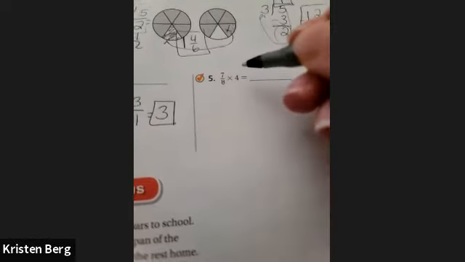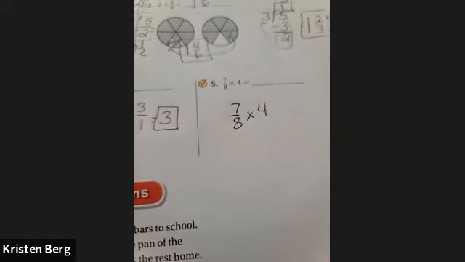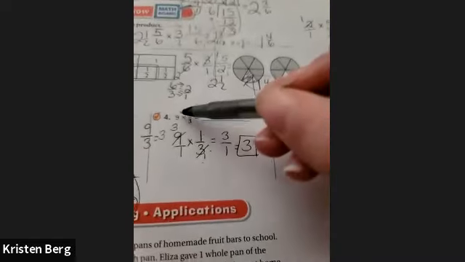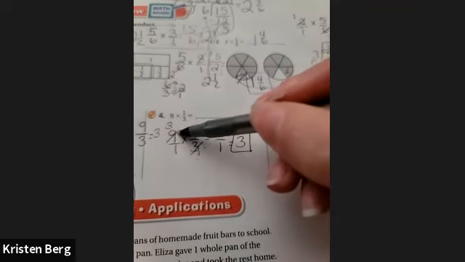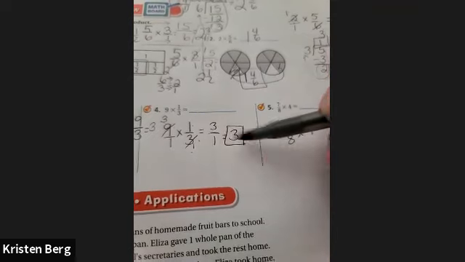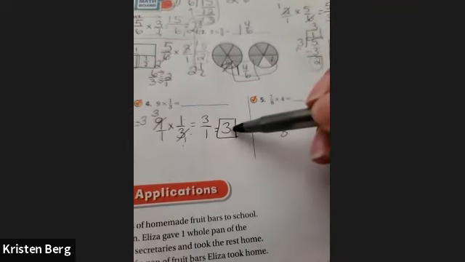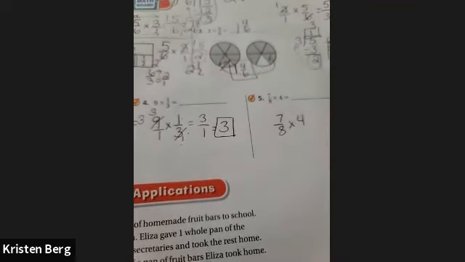All right, this one, 7/8 times 4. Now keep in mind, 1/3, since I multiplied 1/3 by 9, my answer should come out to be smaller than 9 because I just multiplied by a fraction that is lower than 1 whole. So therefore, 3 is smaller than 9, so I am right.